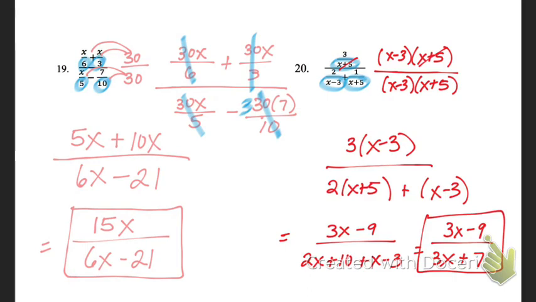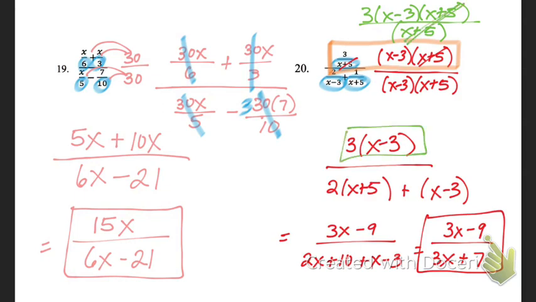On the top, if I'm just looking at the numerator right here, imagine writing 3 times x minus 3 times x plus 5 over x plus 5. That's essentially what you're doing. So you're putting the x minus 3 x plus 5 on the numerator of each fraction. Then these cancel, so it'd be 2x, x minus 3, and then x plus 5.